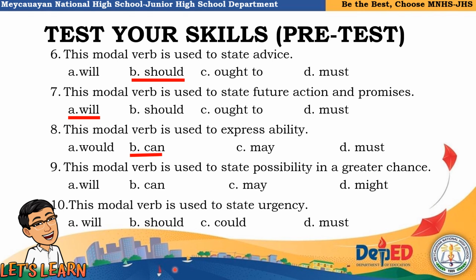We use can to express ability. And number 9, it is may. When we are stating possibility in a greater chance, that is modal may. And last one, must. Must is used to state urgency. I hope that you got all the correct answers.